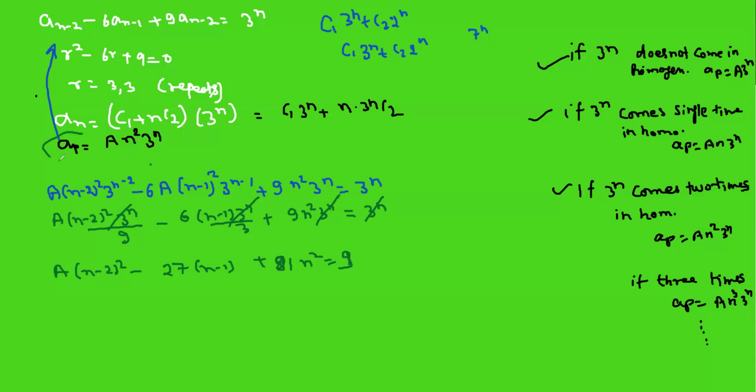Because this is general value of particular solution. This is for an. Then an minus 1 will be replace n with n minus 1. Replace n with n minus 2. Understood?